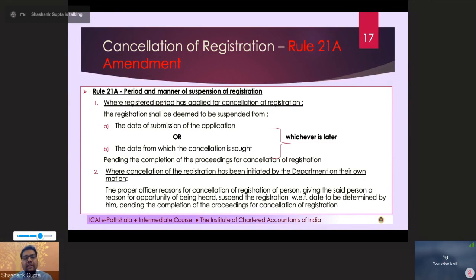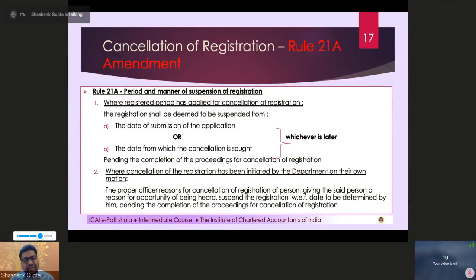Suspension of registration says, as soon as a person files an application for cancellation of registration, it will be deemed that the registration of the person shall be deemed to be suspended, and suspension means that now the person is no longer required to file any return nor to pay any tax.